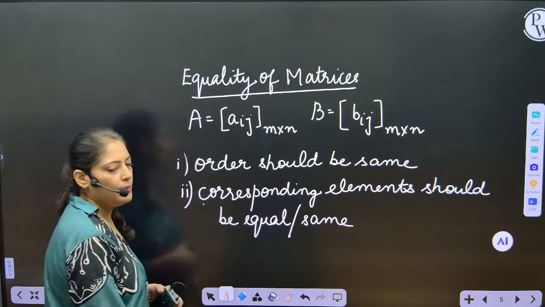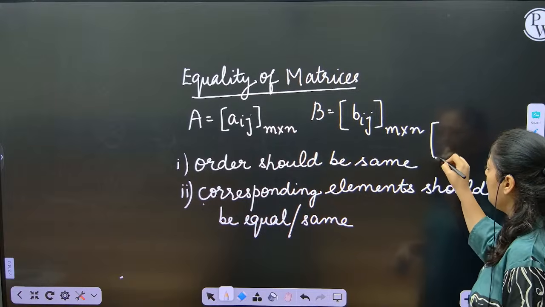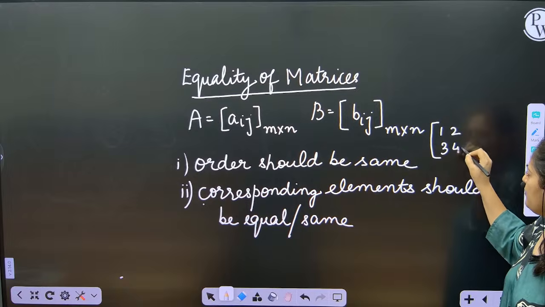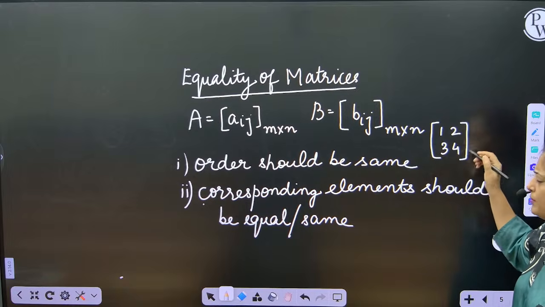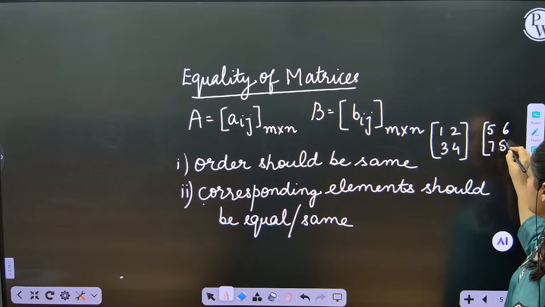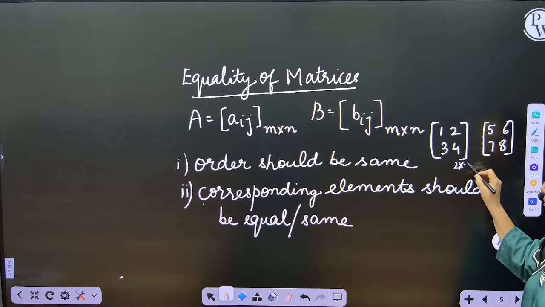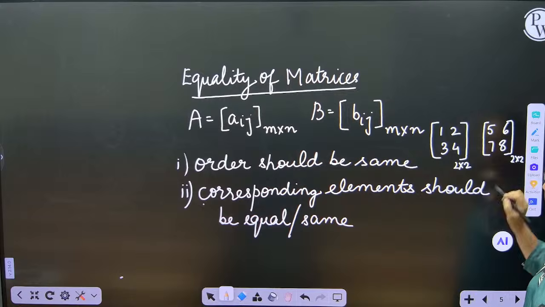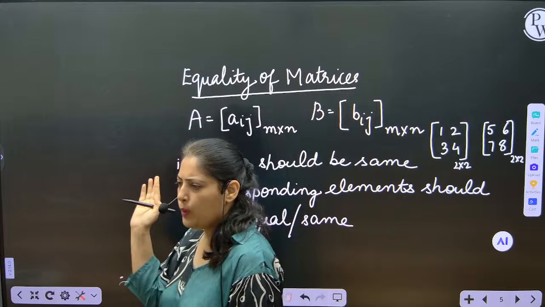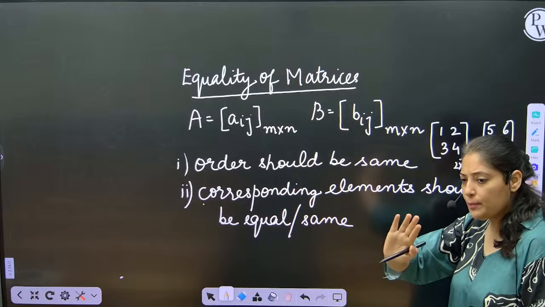Now what does it mean? Suppose I'm taking a matrix 1, 2, 3, 4. The order is 2 cross 2. Another matrix, 5, 6, 7, 8, is also 2 cross 2. Are these two matrices equal? No. So if one condition is satisfied, we cannot say the matrices are equal.